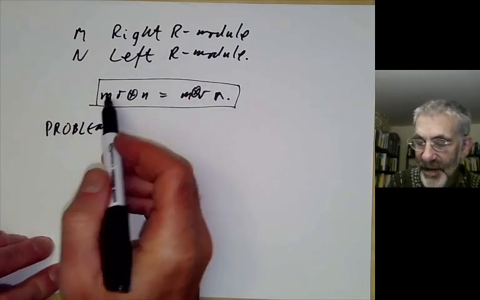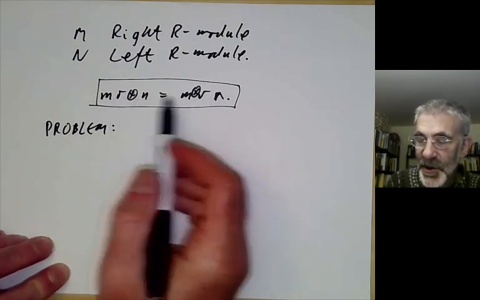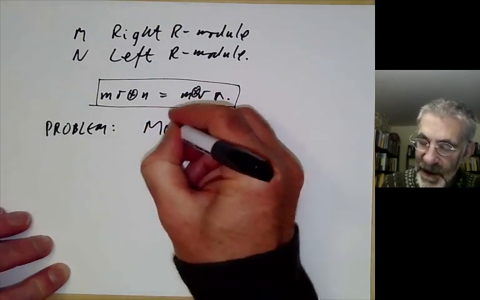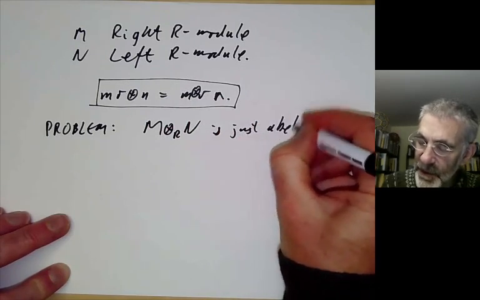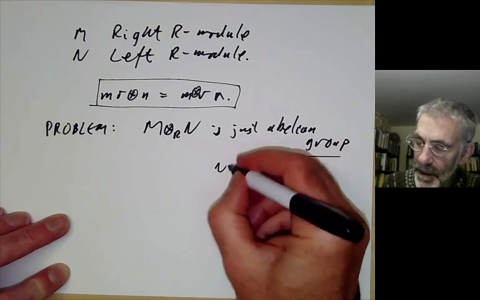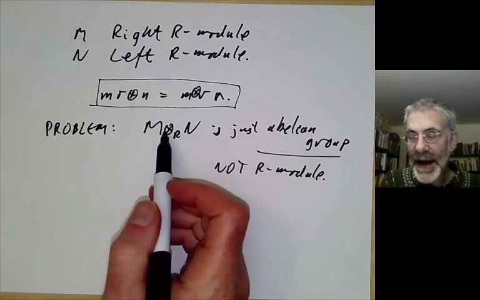So we can define the tensor product of M and N by adding the distributive relations and this relation here, but the problem is that M tensor over R N is just an abelian group, not an R module. I mean, how are you going to act on this with R?